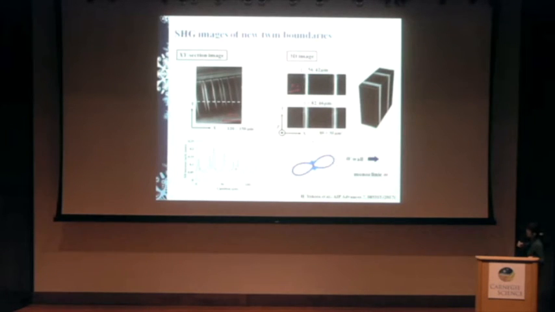And this is the result. As you can see, the newly appeared domain boundary created by the stress is also polar. And in the three-dimensional images, it's almost perpendicular to the sample surface. The polarization analysis also confirmed that the symmetry of the newly appeared domain boundary is monoclinic M in the calcium titanate case.